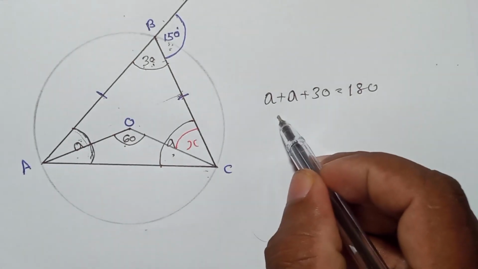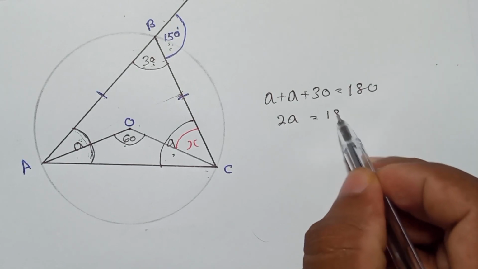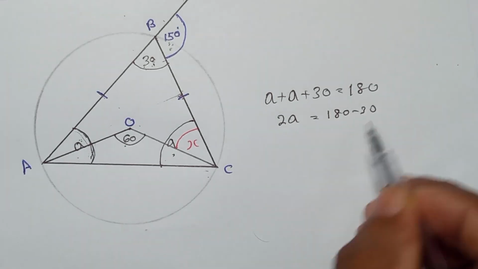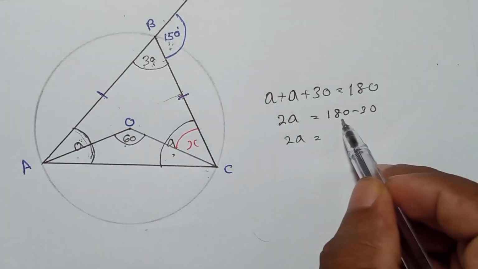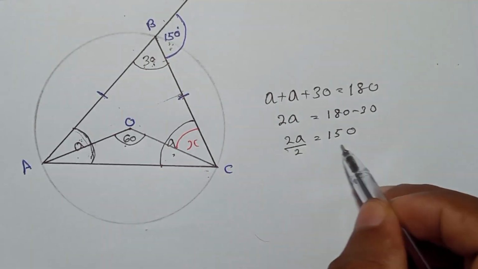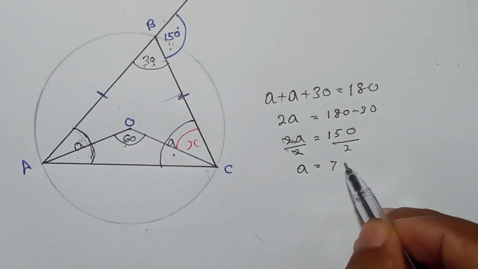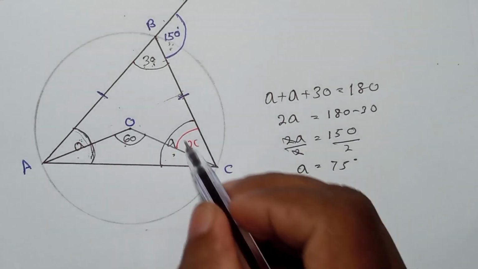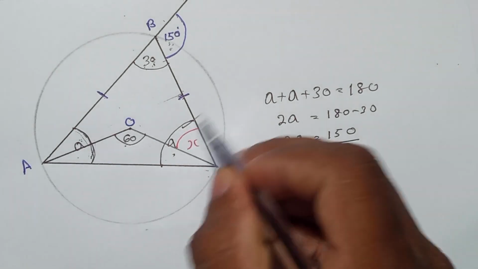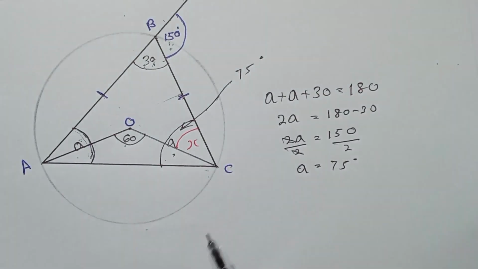So here will be 2A, and I bring this 30 to this side: 2A equals 180 minus 30, which is 150. Both sides divide by 2, so A equals 75. That means this big angle equals 75 degrees.